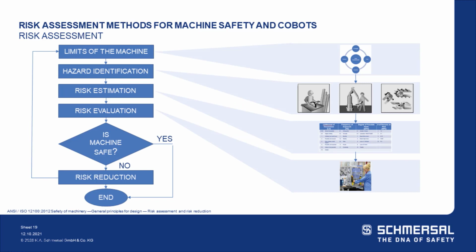Okay, so here is a flow chart, and I took this from ISO 12100. ISO 12100 again is that standard that we talked about that helps us with risk assessment. Basically it's simplified, okay? But if we take this standard and use that flow chart, the first step is the limits of the machine.